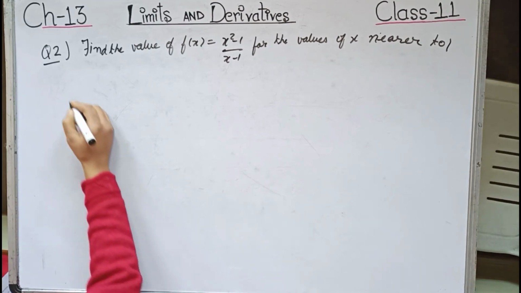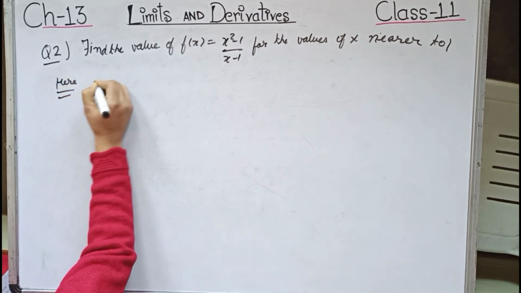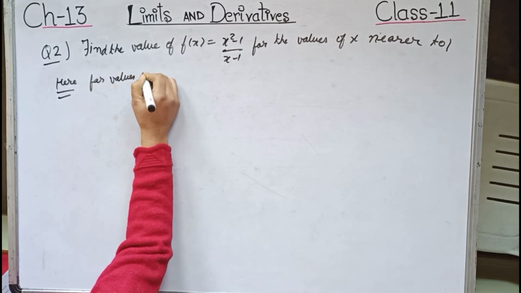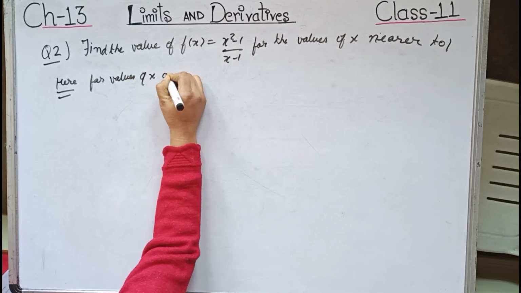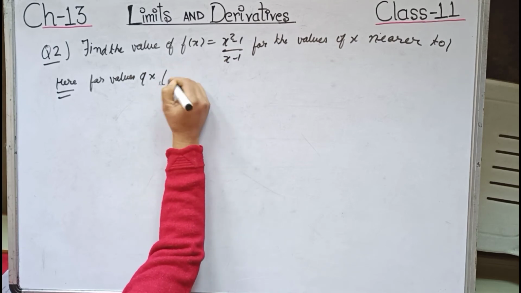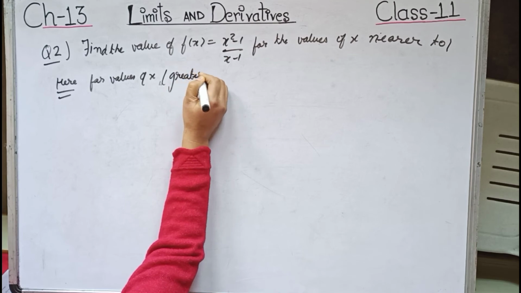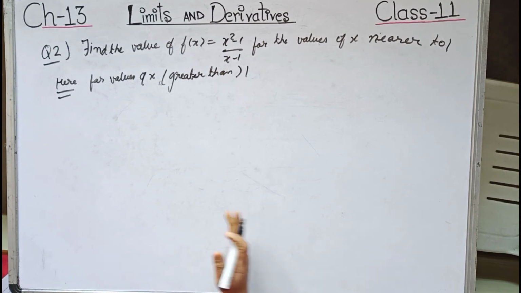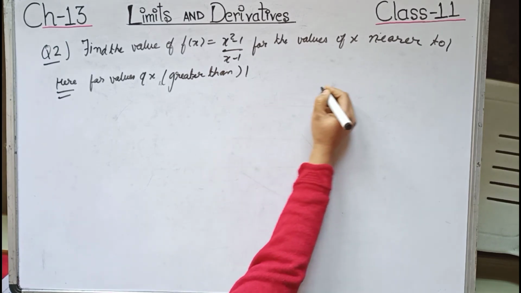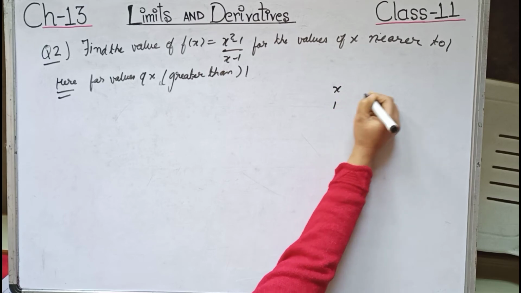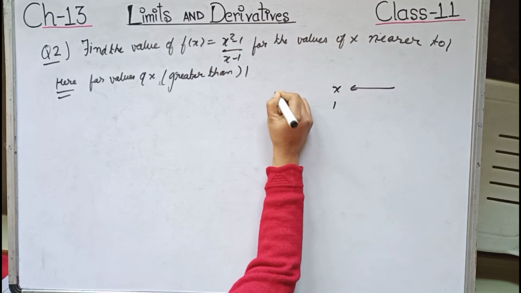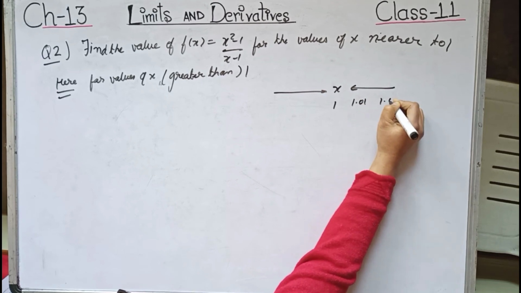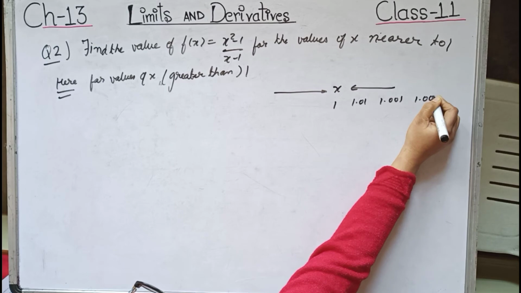Okay, so here we observe that for values of x greater than 1, means from the right side. So suppose x approaches 1 from the right side and from the left side. Right side a bit more, means 1.01, 1.001, 1.0001 and so on.